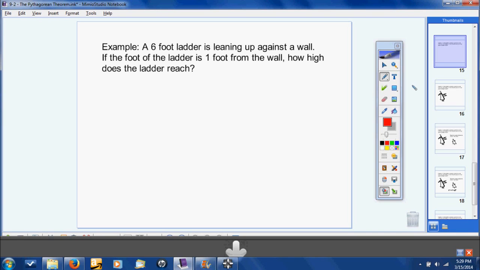So a 6-foot ladder is leaning up against a wall.